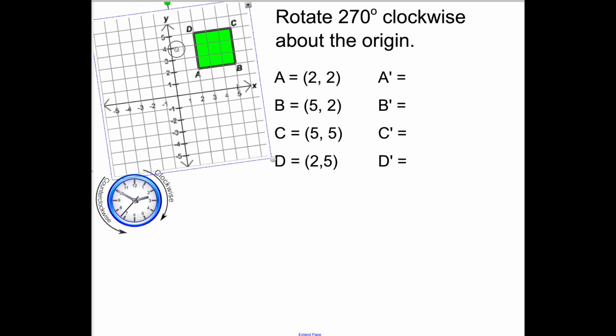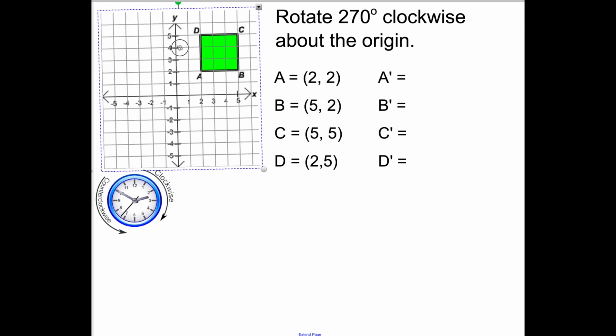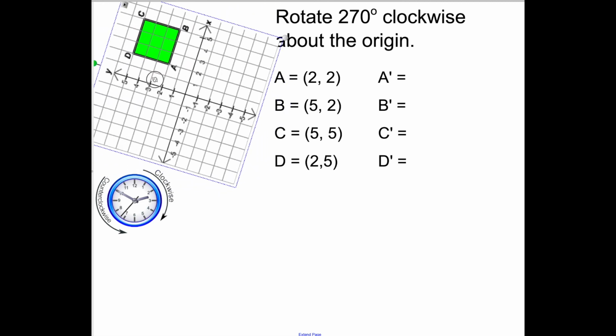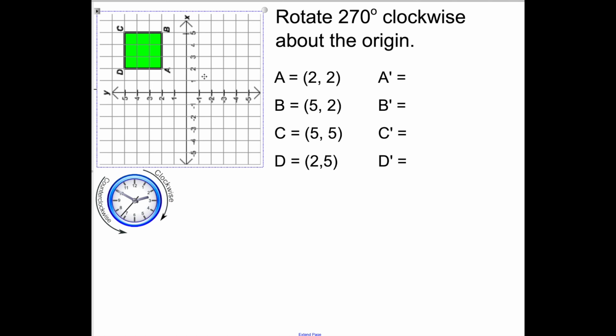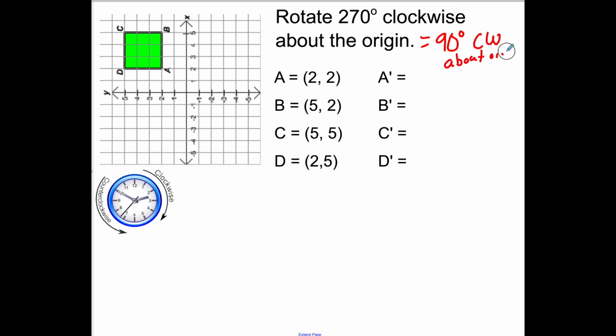But what's interesting is, look, 270 clockwise is the exact same as 90 degrees counterclockwise. So very interestingly, some of these rotations you could do in a couple ways. So one thing we notice, it's equal to the same thing as 90 degrees counterclockwise about the origin. Okay, so it's the exact same thing.